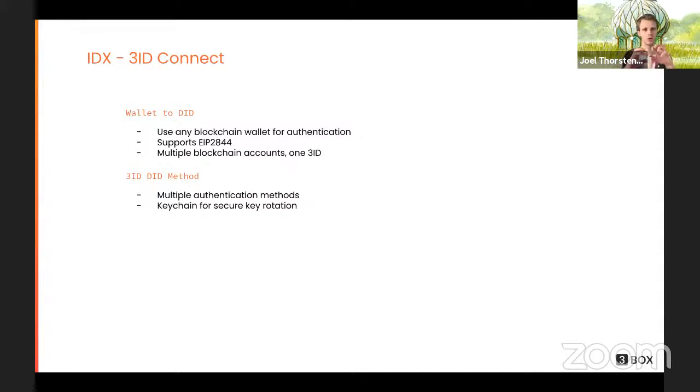So I can tie multiple authentication methods, potentially, as I talked about before, a layer 1, layer 2 blockchain account, into the same identifier, so I can always keep my account in one place. And the 3ID DID method provides a keychain that allows you to do secure key rotation, which is very important if you want to have the ability to remove authentication methods that you have used and that you no longer want to have access.